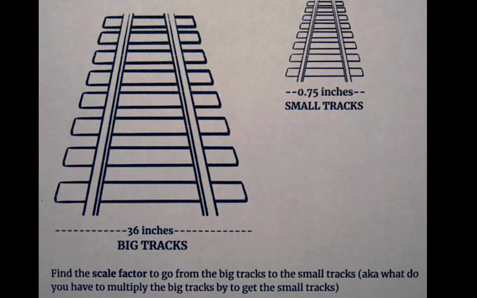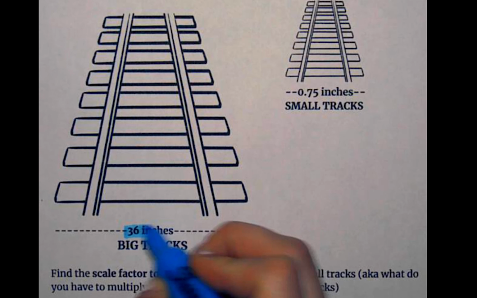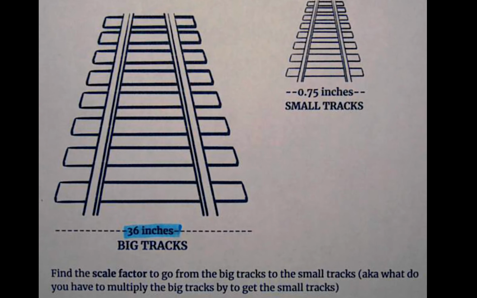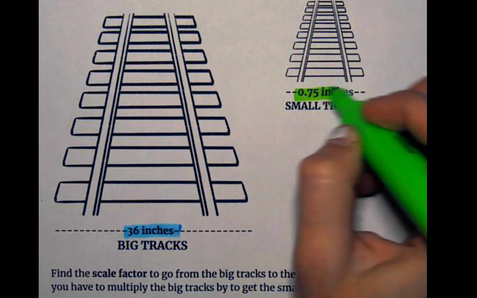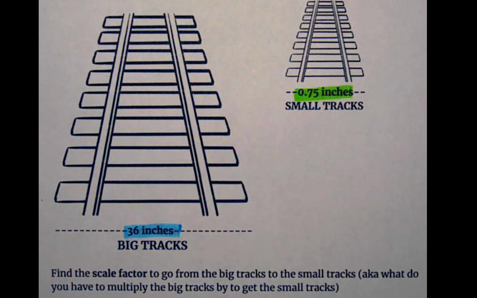Just like we did in the last problem, I'm going to highlight the 36 inches in blue and highlight the 0.75 inches in green, and then I'm going to highlight the words scale factor just in case I need a refresher on what that means, or a reminder of what I'm trying to find here.